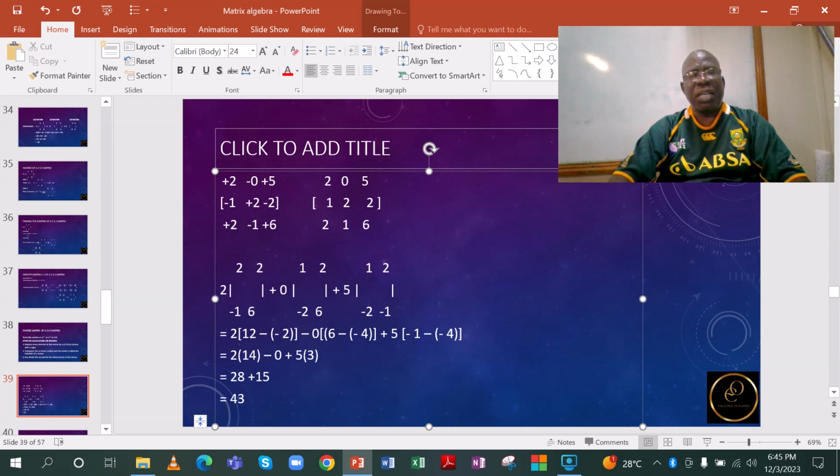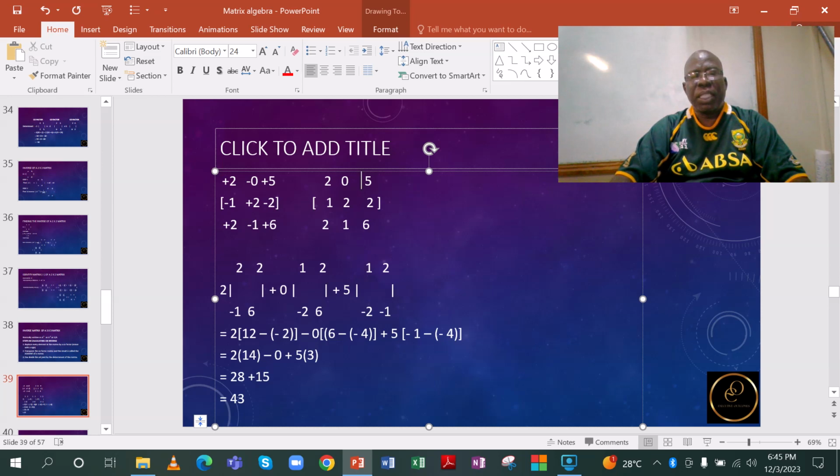In the original matrix, 2 was here. So 2 is found in the second row, second column. 2 plus 2 is positive, that's why this 2 is given a positive sign. This other 2 is in row number 2, column 3, so 2 plus 3, which is 5, that's why it's given a negative sign here.